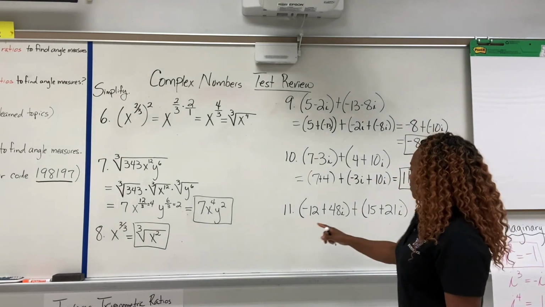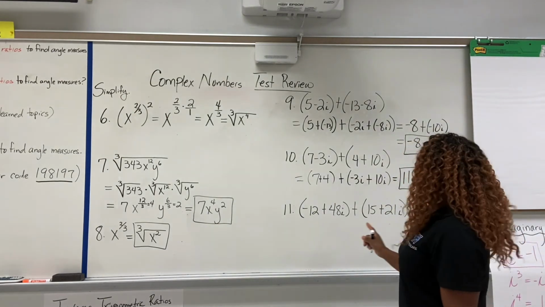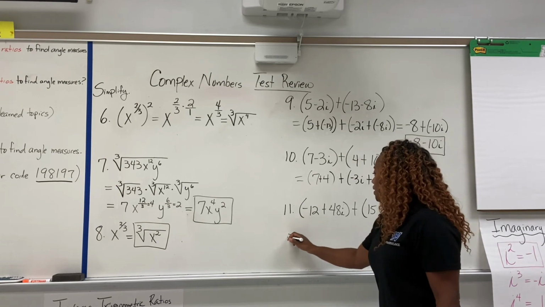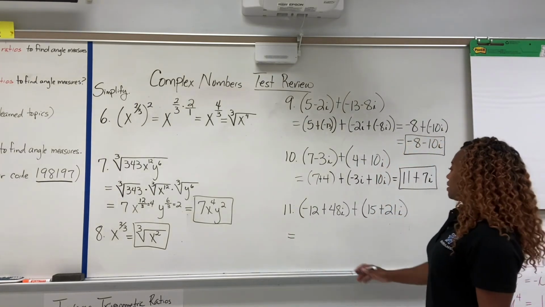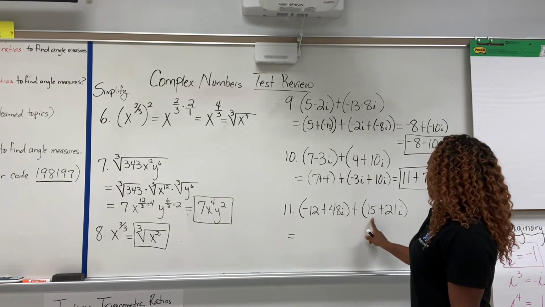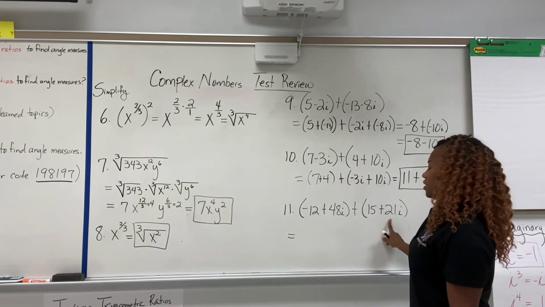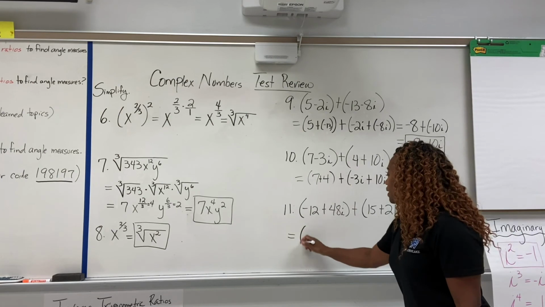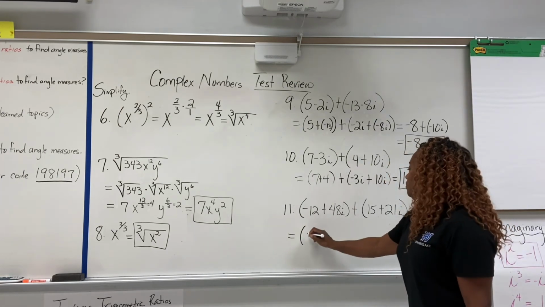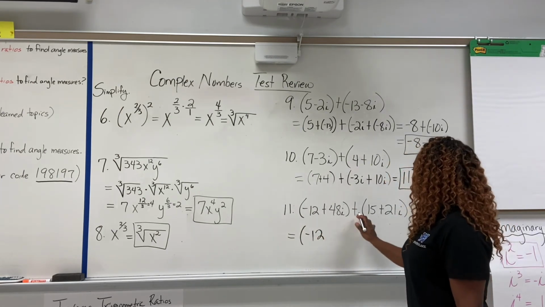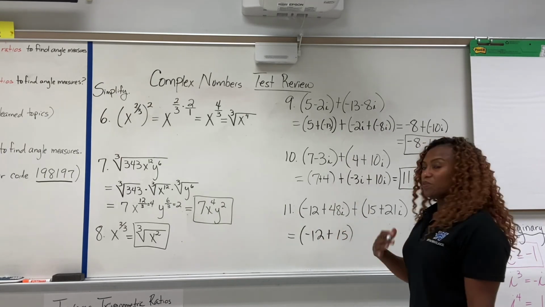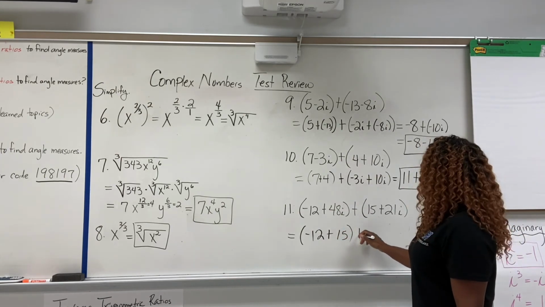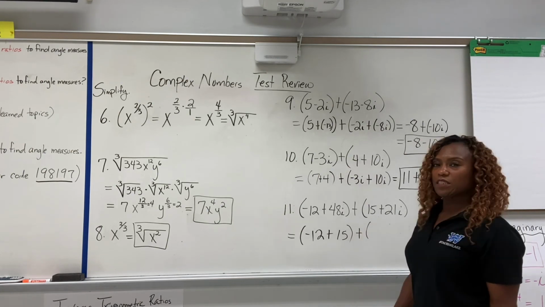All right, number 11, same thing. With this one, see if you can actually do this one with me, or help me out with that. So I'm gonna add my real parts together. I'm gonna add my imaginary parts together. And I like to rewrite mine. Negative 12, so this real plus this real. There's my setup for the real part. And we're gonna add the imaginary parts.